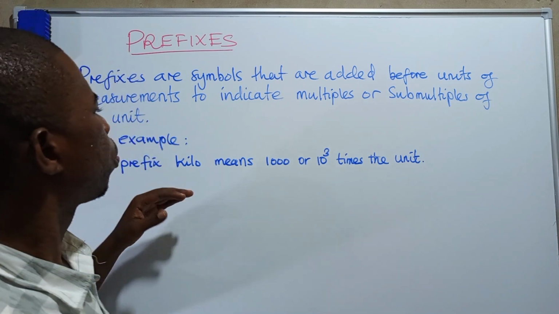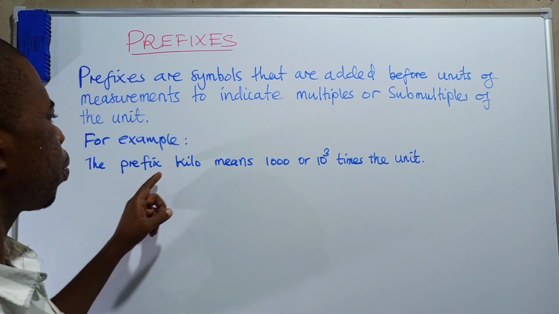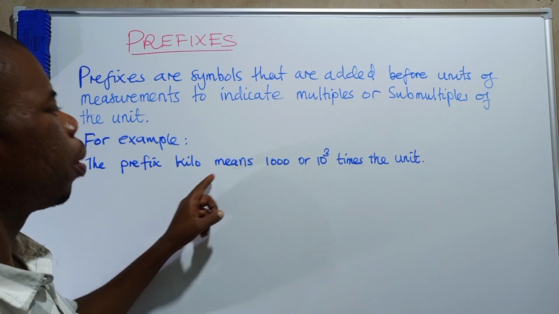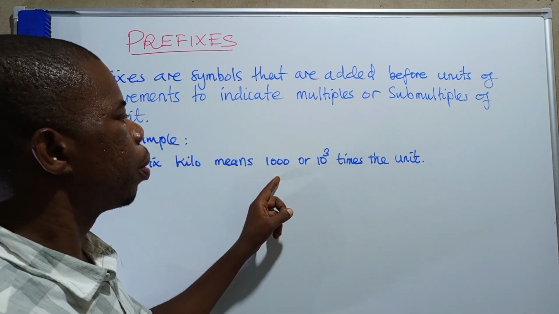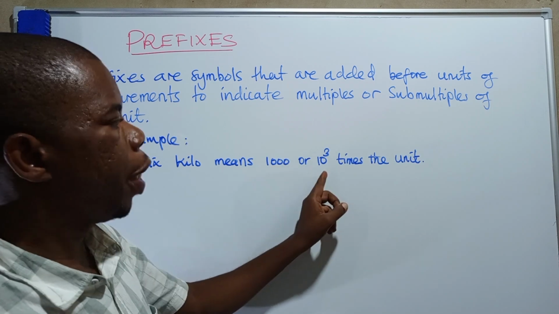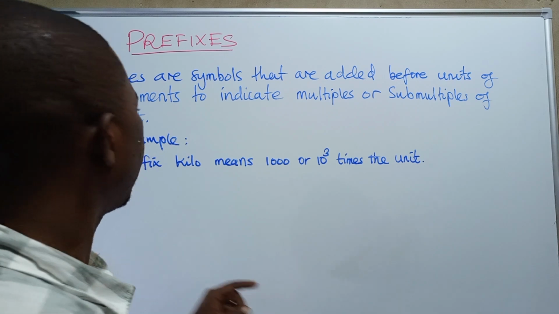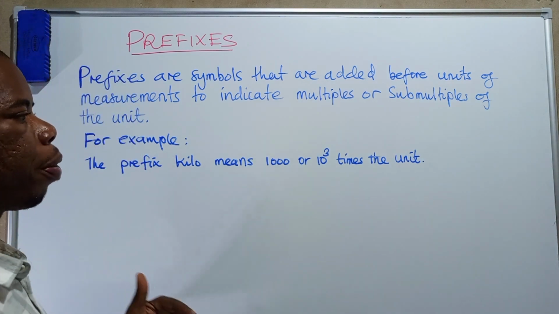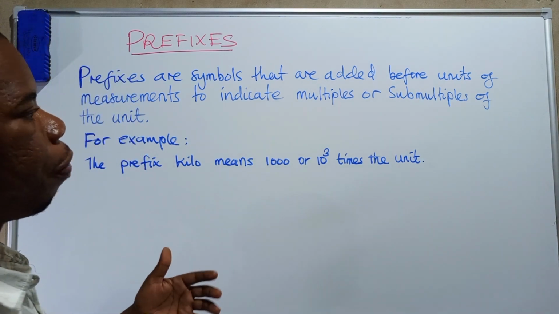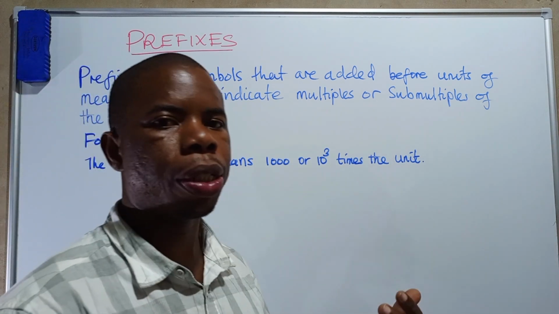So the prefix kilo means 1000 or 10 to the power 3 times the unit, and kilo is a prefix that is added in front of a unit.